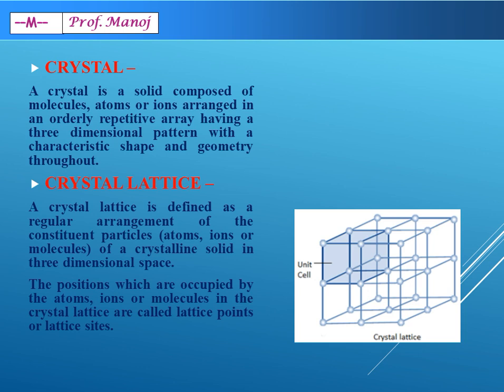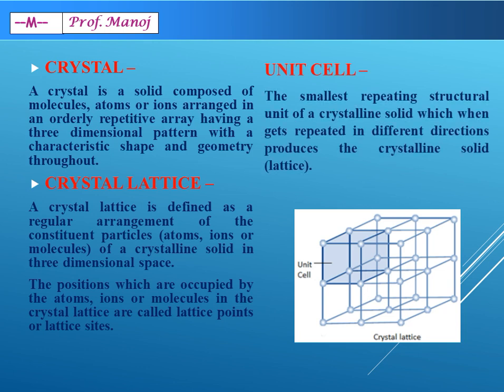Several unit cells join to form a crystal lattice, and a huge crystal lattice is what we see as a crystal. So finally, what is a unit cell? It is the smallest repeating structural unit of a crystalline solid. When it gets multiplied or repeated in several directions, we create a lattice. And when the crystal lattice is multiplied several times, we get a crystal.